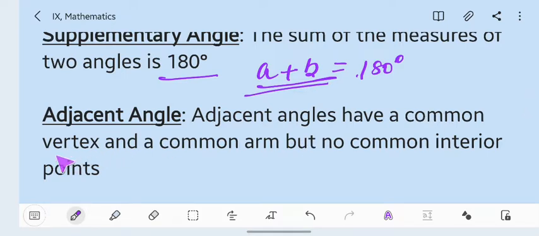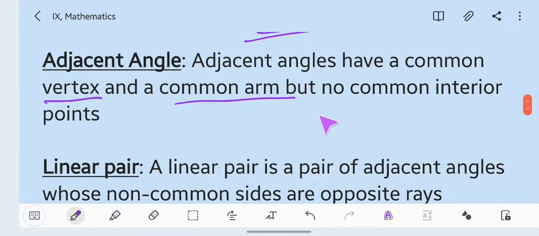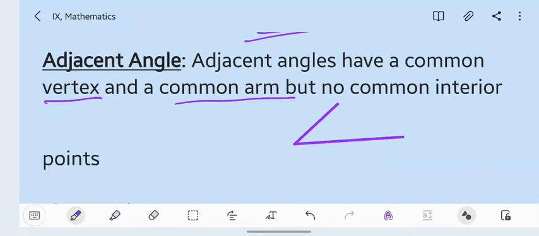The first common part is the vertex, and the second is the common arm. And the non-common arms will be on either side of this common arm. So say we have here one angle I'm drawing, and one more ray is coming out of this point.